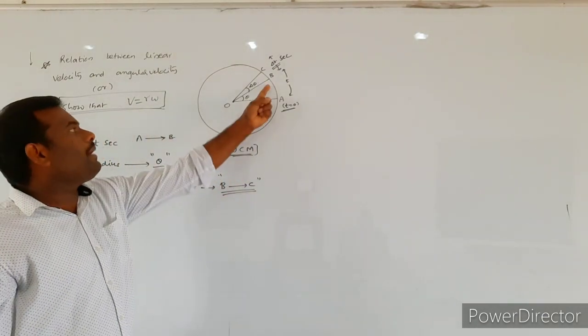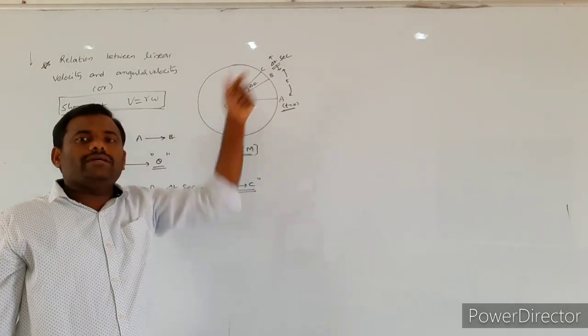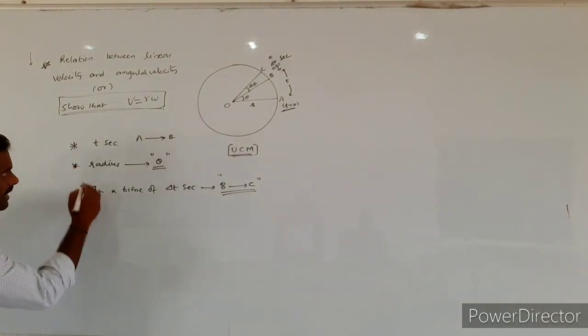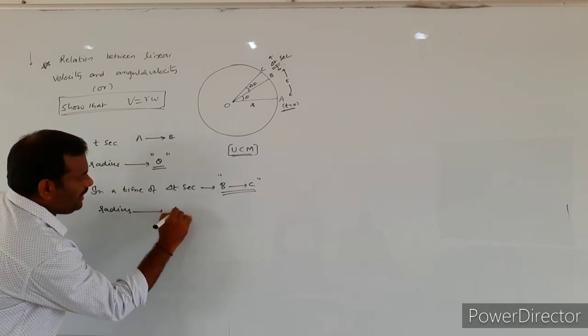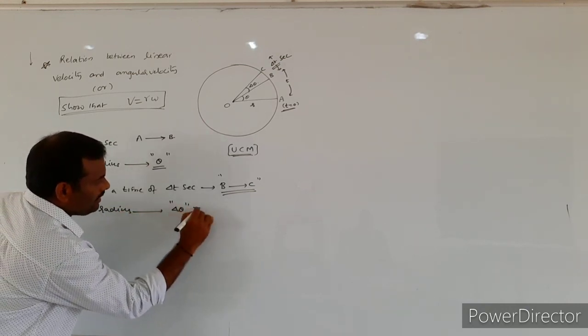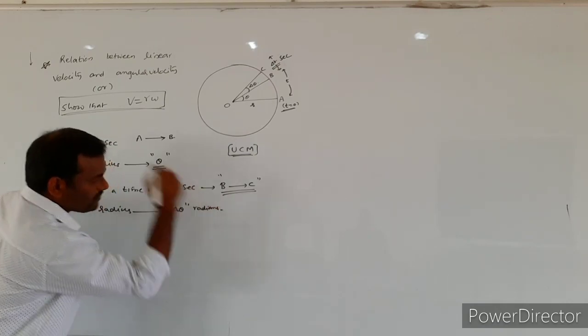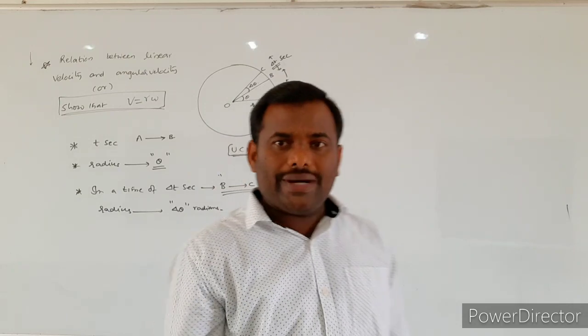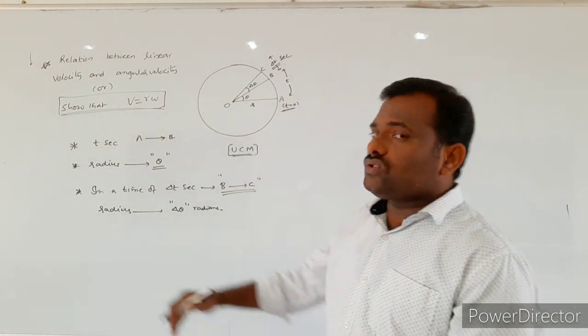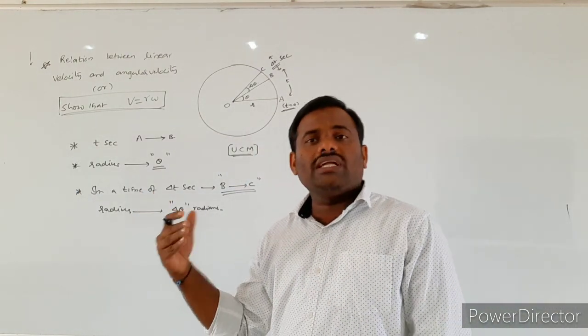While the particle travels from the point B to C, meanwhile the radius vector is rotated by delta theta radians. Whenever the particle travels along the circumference of the circular path, the radius vector also rotates along with the motion of the particle.